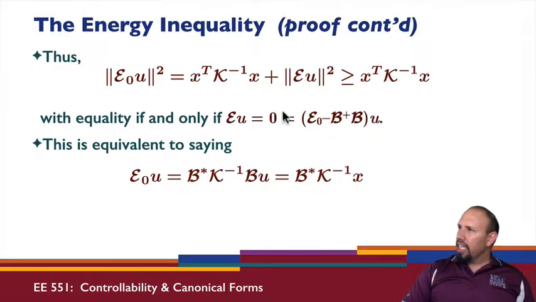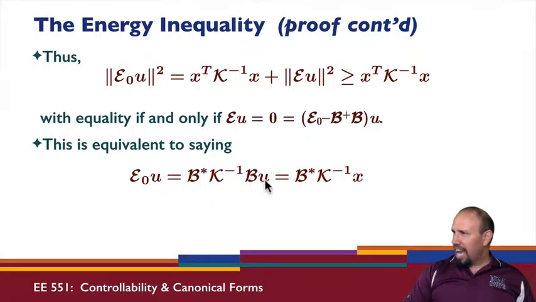We get equality if and only if this is 0. That is, this is equal to this if and only if this is 0. But E operating on U is 0 if and only if EU is equal to, and again, B pseudo inverse B is given by this expression.